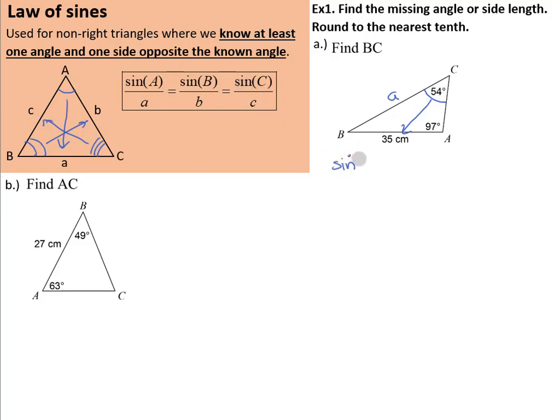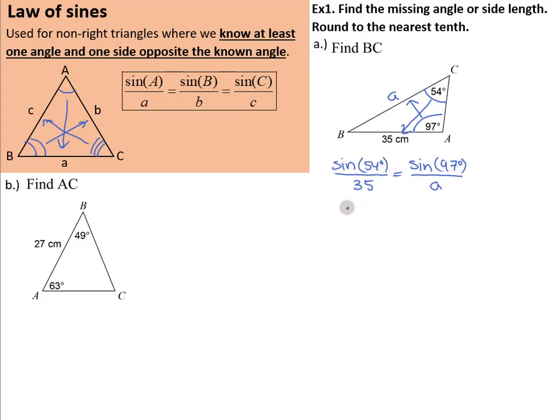The sine of our angle, 54 degrees, is to its opposite side, 35, as, here's the angle opposite the side we want, 97 degrees, so the sine of 97 degrees is to the missing length A. Like those ratios, the sine of my angle over its opposite side will equal the sine of any other angle in my triangle to its opposite side, as long as we stay within one triangle. So as you can see, we essentially have a proportion here, and we're just going to cross multiply.